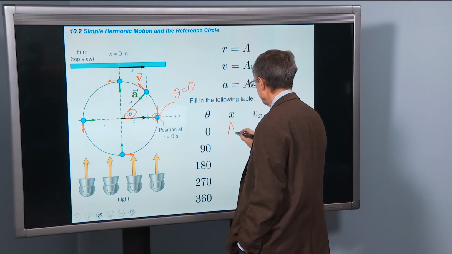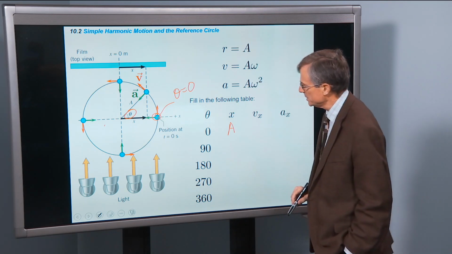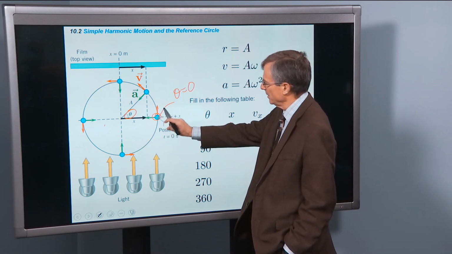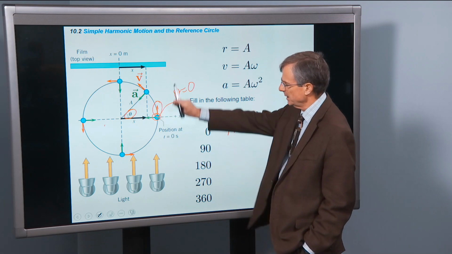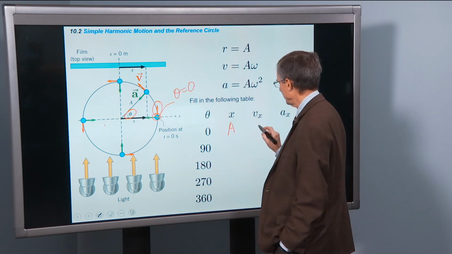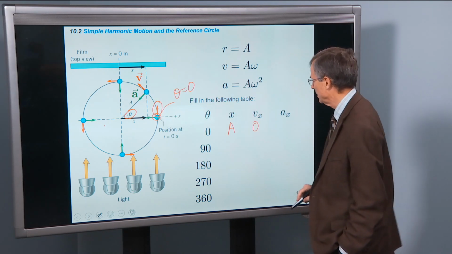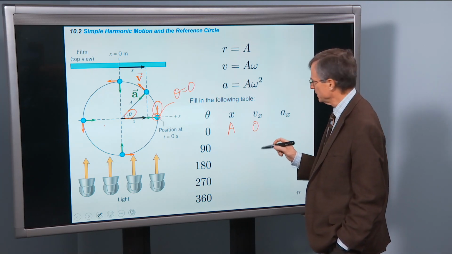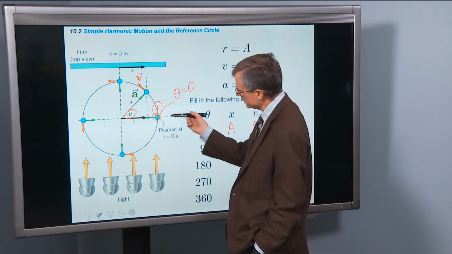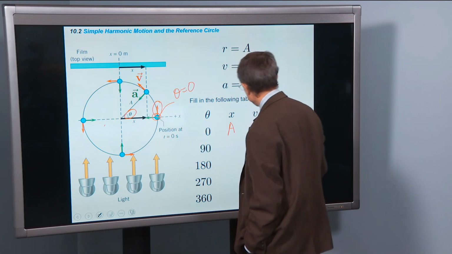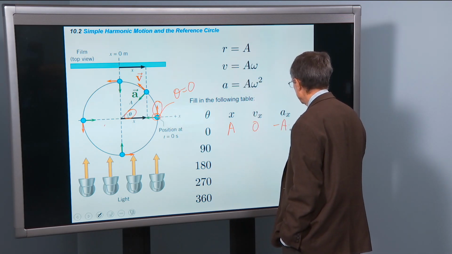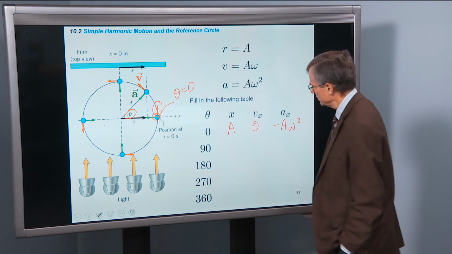It's just a, the amplitude. What's vx? Here's the velocity vector. It's pointing in the y direction. So the velocity there at that point is going to be 0. What's the acceleration? Well, it's going to be pointing in the negative x direction. So it'll look like that.